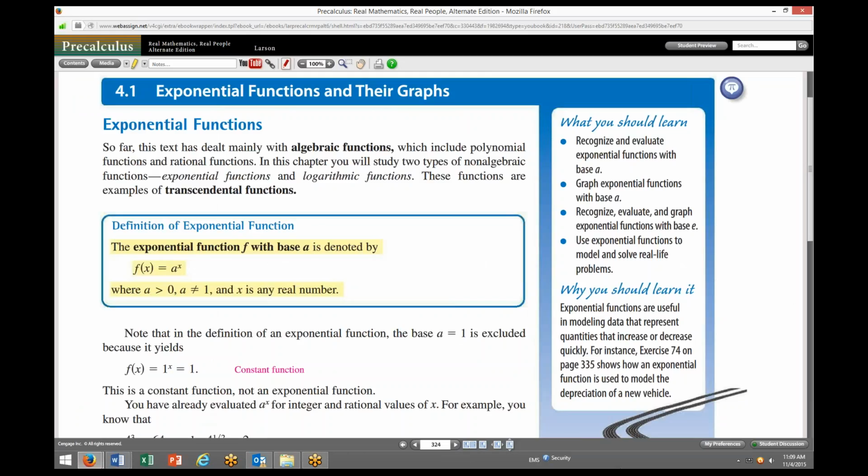We'll quickly get into logarithmic functions also in the very next section, 4.2. And then we're going to be doing applications with these types of functions and solving equations with exponential and logarithmic expressions.